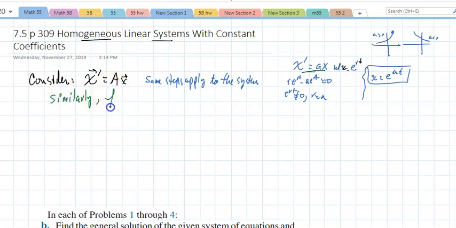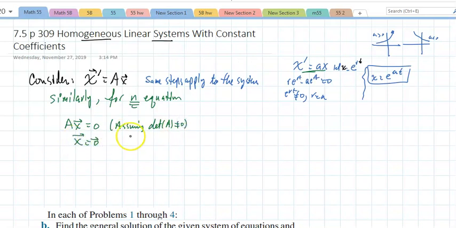Similarly, for n equations in a system of equations, if I take Ax equal to 0, assuming the determinant of A does not equal 0, then x equals 0 would be the only equilibrium solution.